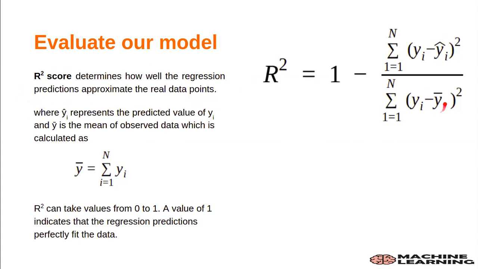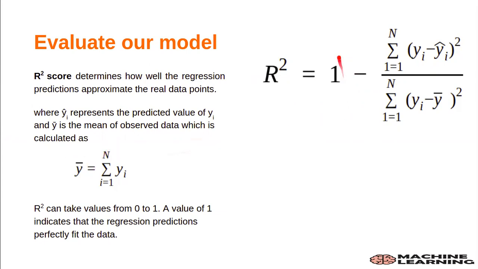This symbol is the average point. So y hat represents the predicted value of yi, where yi means any given data point, i means any row, first row, second row, third row, and y bar is the mean of the observed data, which is calculated like this.